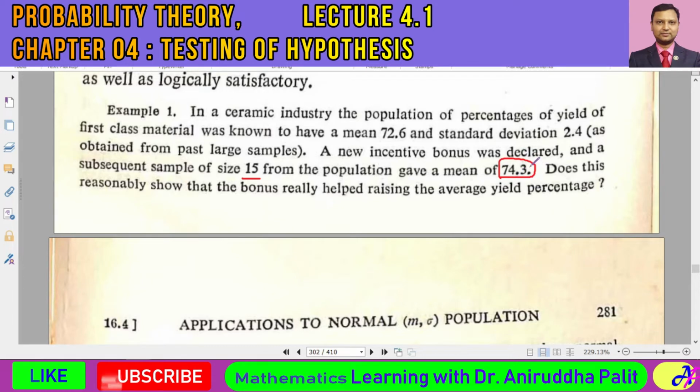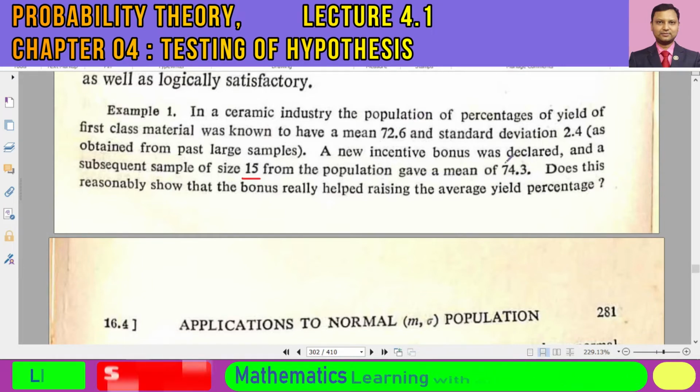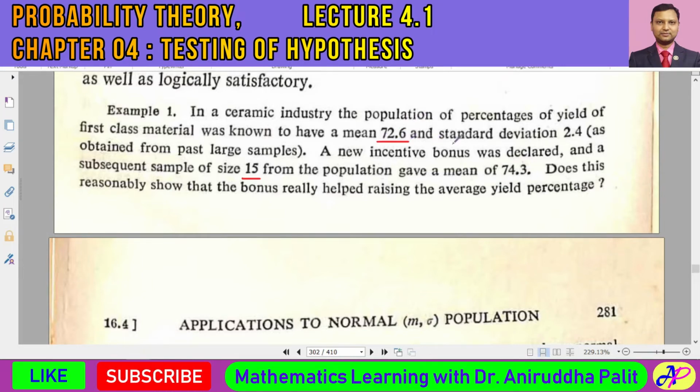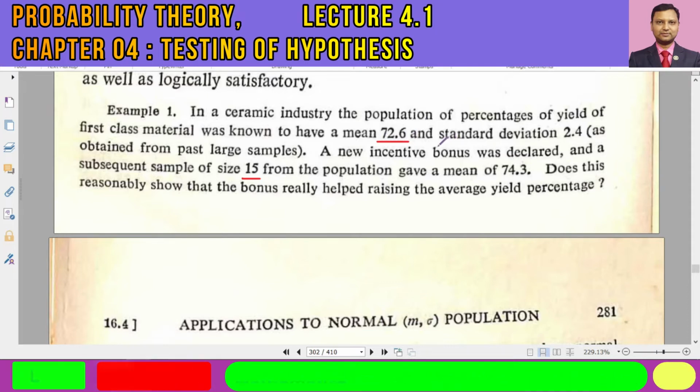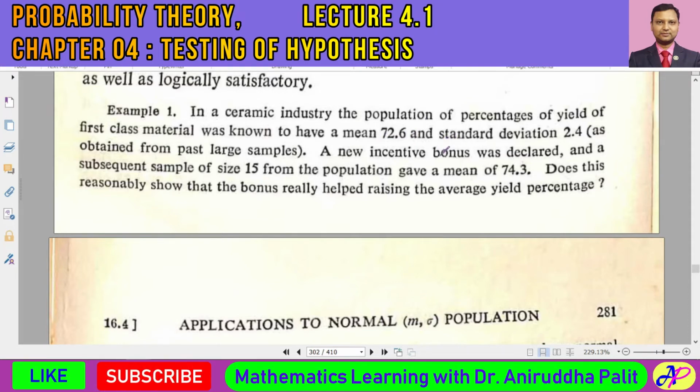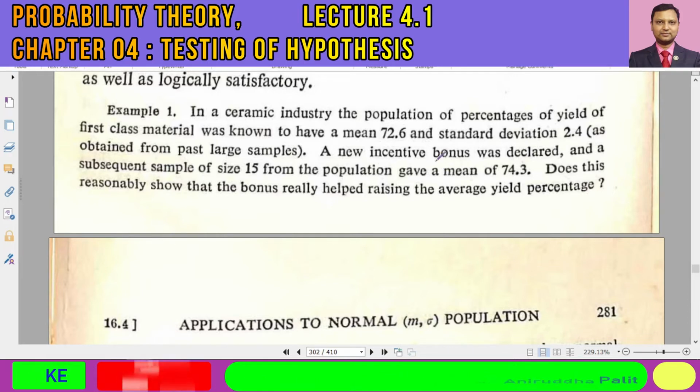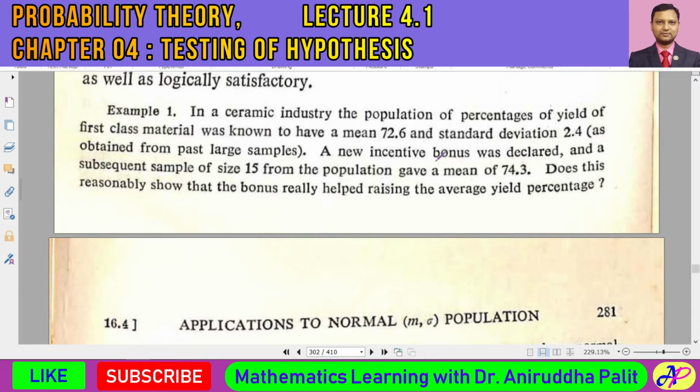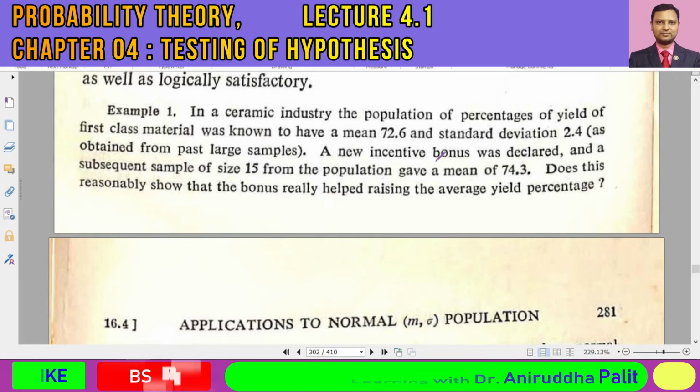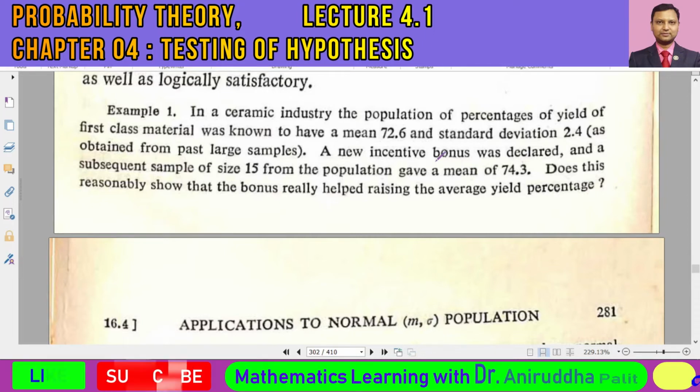It looks like the sample mean is greater than the previous population mean, 72.6. But after declaring this incentive, whether the next and subsequent part of the population has got any better quality of production process or not. Let's see whether the population mean has increased or not.